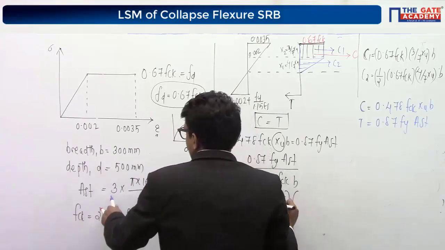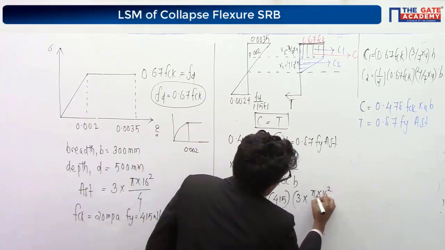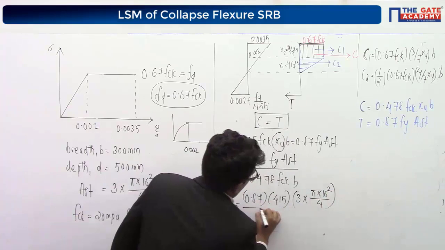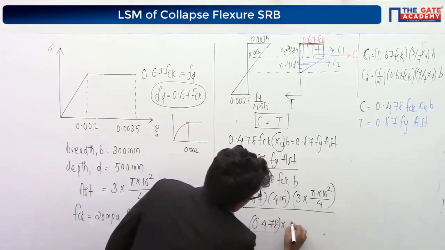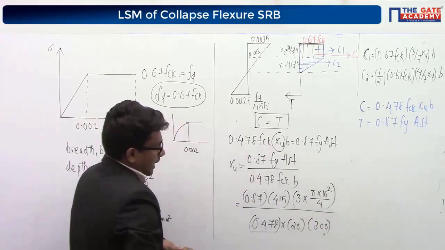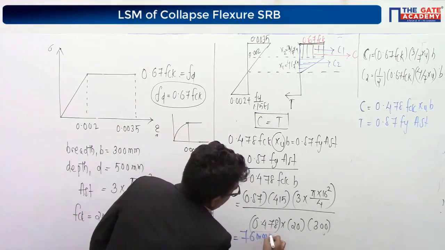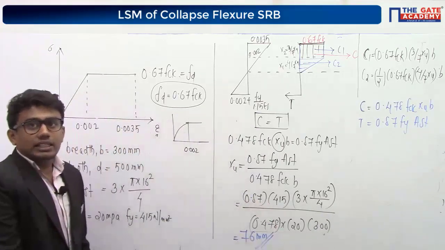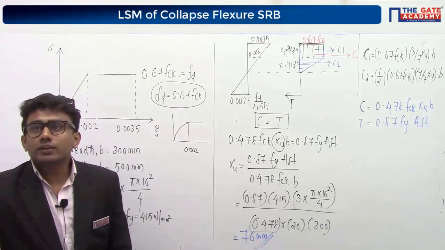Ast is given as 3 numbers of 16 mm dia, so 3 into pi d square divided by 4, the whole divided by 0.478. fck is 20 and breadth is 300 mm. So you'll be getting the answer here. I think the answer is 76 mm. Right, the answer here is 76 mm, right? Yes. Nandini, very good.